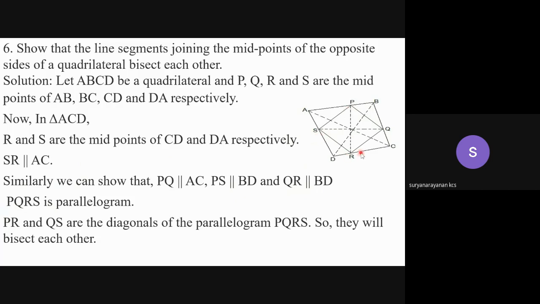You know what the diagonal property of a parallelogram is? Yes. The diagonals of a parallelogram bisect each other. Yes or no? So they will bisect each other. That is the only required statement. It is to be proved. Hence proved.